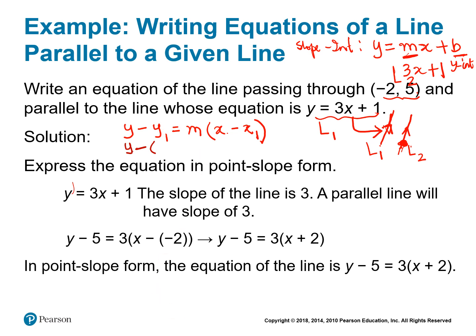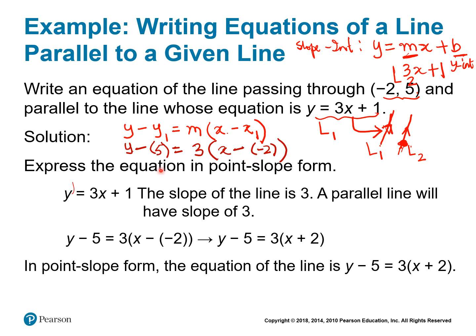All right, so y minus 5 equals 3 times x minus, now we use the minus 2. x sub 1 is minus 2, and I'm going to surround minus 2 in brackets, because that is going to remind me that minus times minus is going to become a plus.